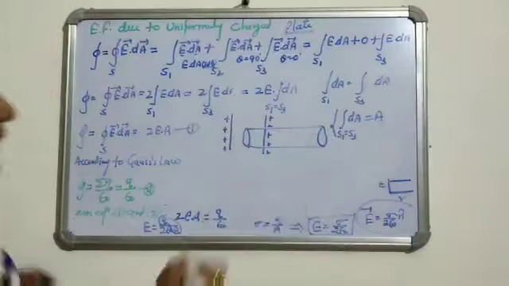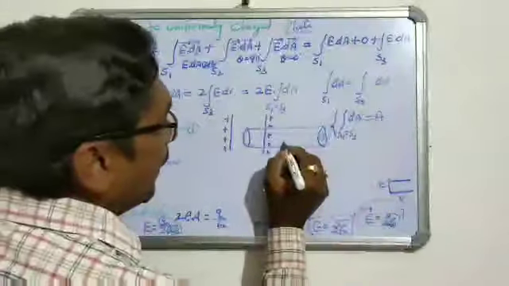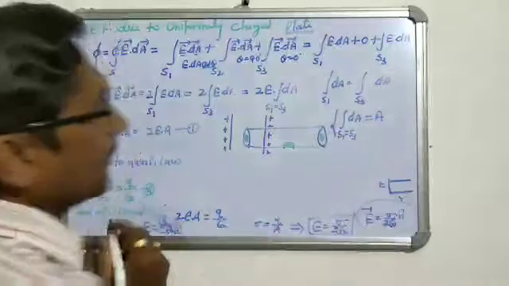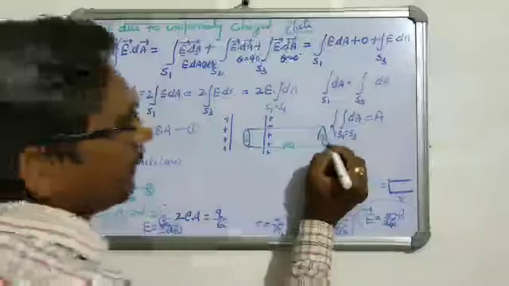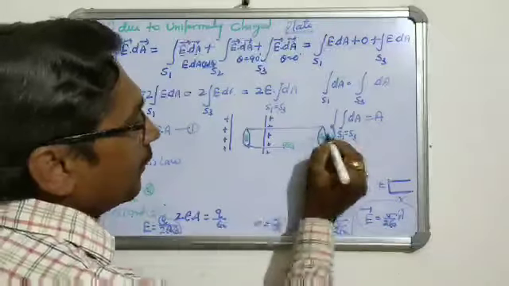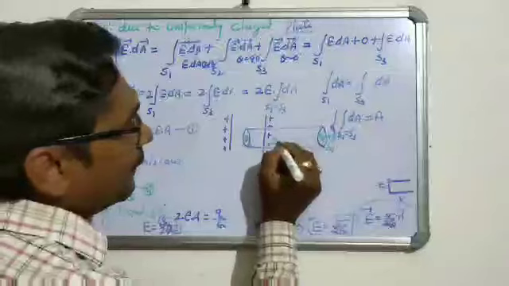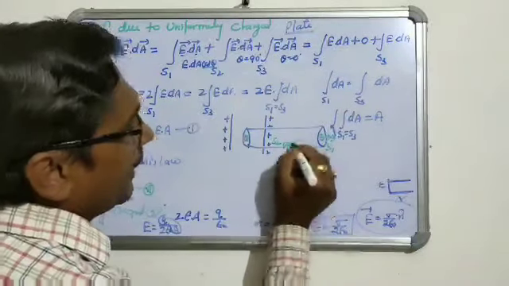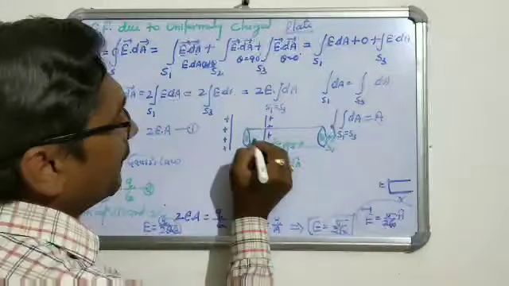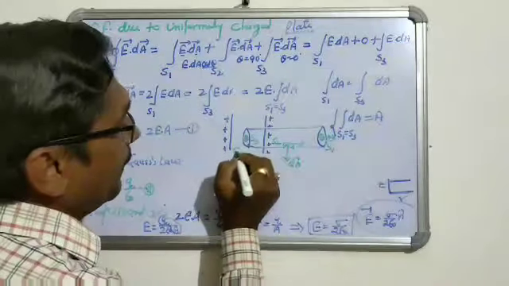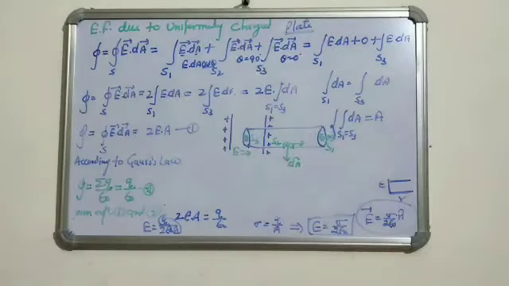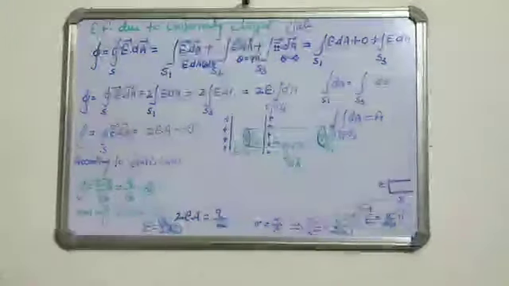This is the closed Gaussian surface, and we are taking one surface here, another surface here, and one surface here. So the electric field at this S1 surface is in this direction, and the normal is also in this direction. This is surface 2, with normal in this direction, dA, and the electric field. This is surface 3, and there is no electric field because electric field inside the metal is always 0.